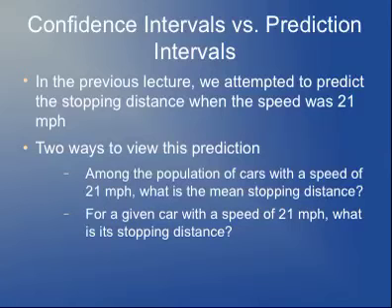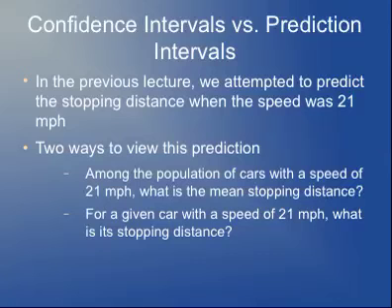One possible thing we might want to predict is something like, if we took all of the cars in the world, or at least the population of 1920s Model Ts, which is what this data set was based on, and took every single one of these cars to 21 miles per hour and slammed on the brake, saw how long it took each of these cars to stop, and then took the mean of that over the entire population. That's one thing that we may be trying to approximate.